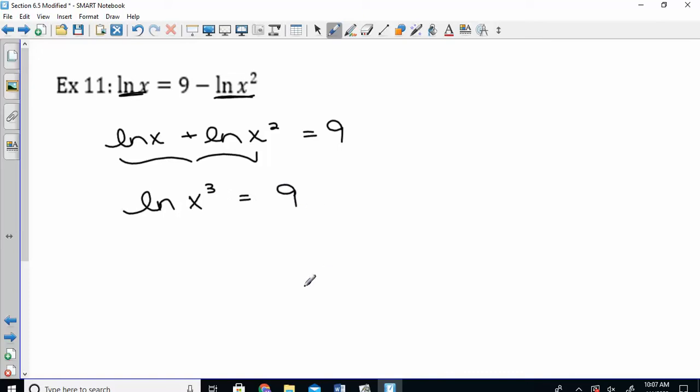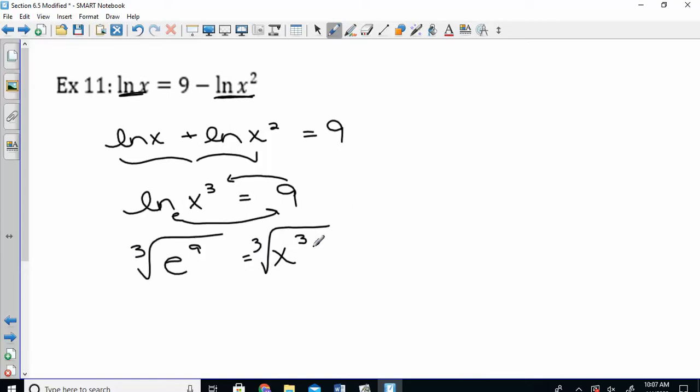So x times x squared would be x cubed. A natural log is log base e. So if we change that to exponential form, we get e to the 9th equals x cubed. How do I get rid of a cube? Cube root.